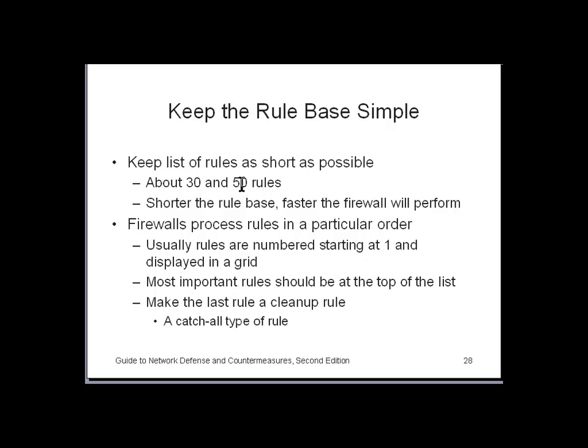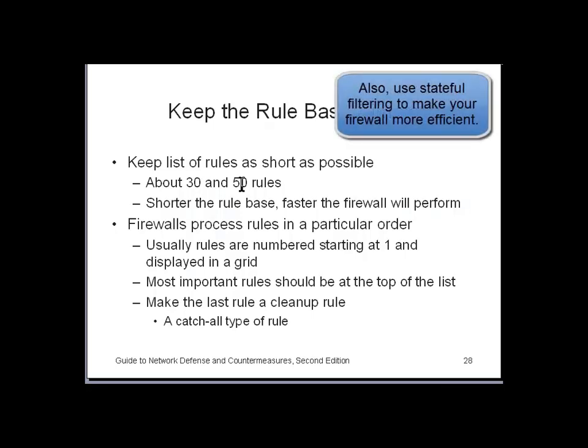You want to limit the number of rules because it becomes very tricky to manage them. It's not very easy to determine where a problem is, or whether you're having a problem or not, just by looking at the rules if you've got 100 or 500 rules. So if you can keep the rules as short as possible, it's going to be a lot more efficient and a lot easier to manage.